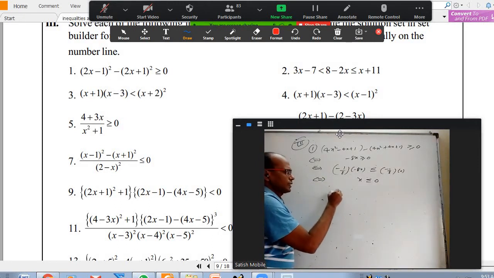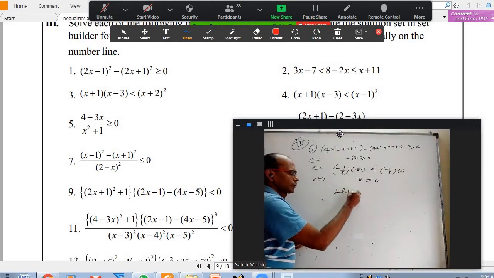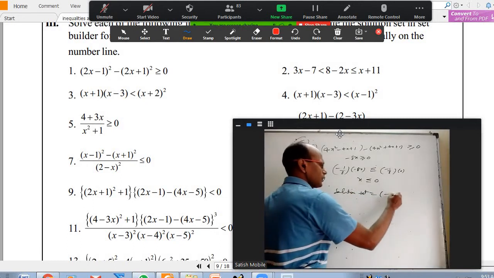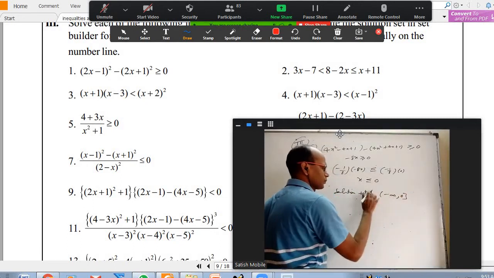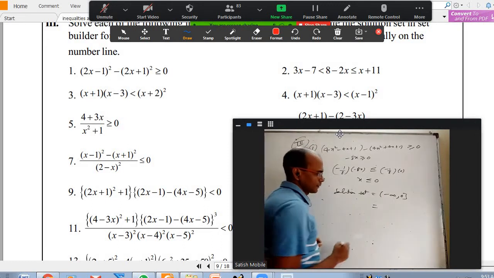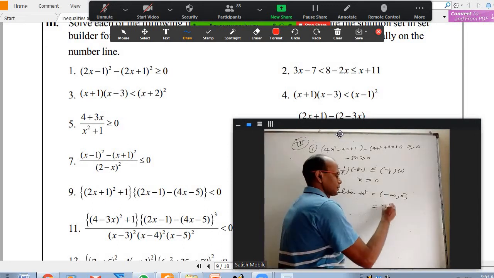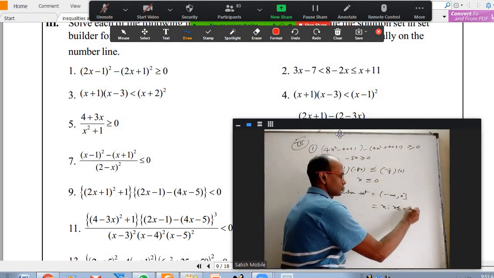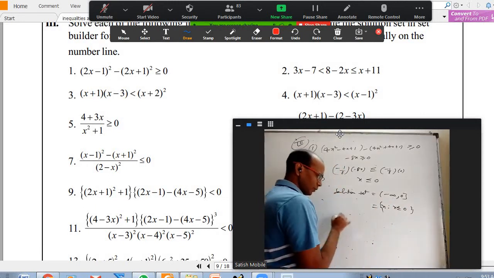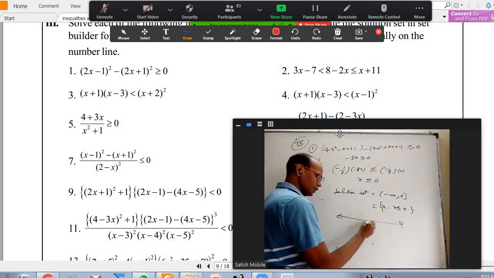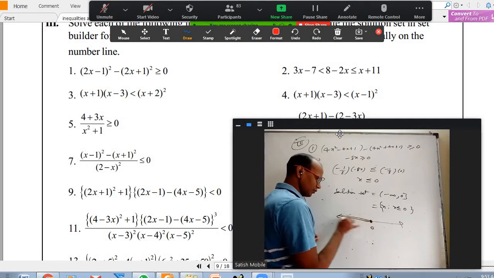Then the solution set: you can write minus infinity to 0 closed, which is the same as x such that x is less than or equal to 0. On the number line, you take 0 including and everything on the left of it.